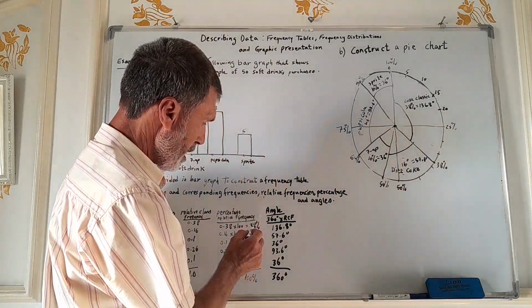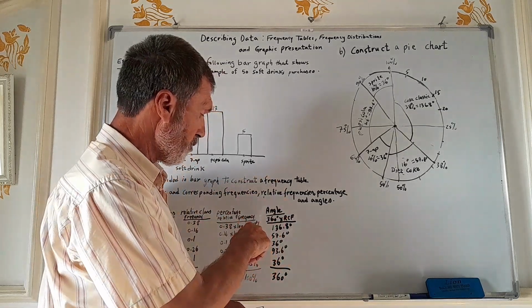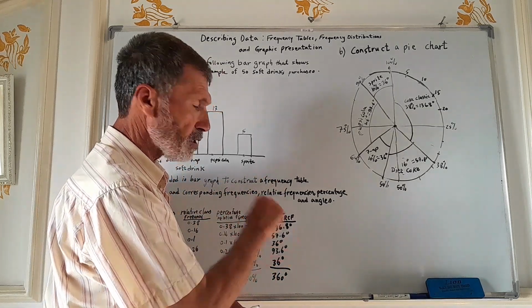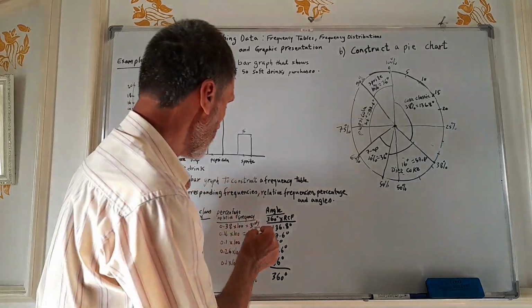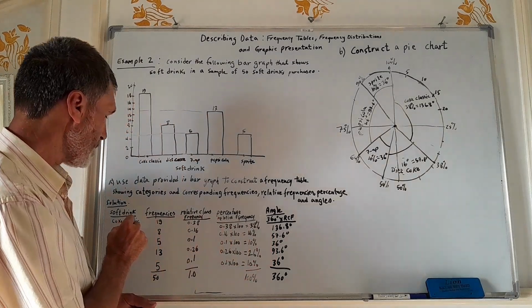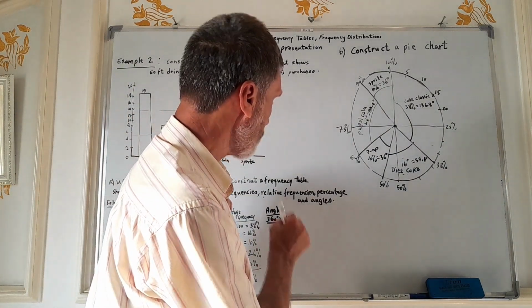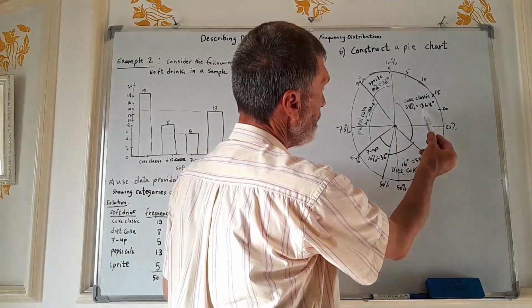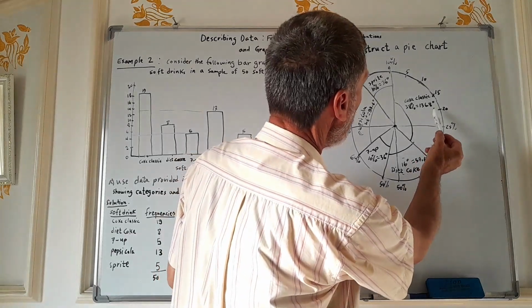Now remember, 38% converted to degrees is equivalent to 136.8 degrees.